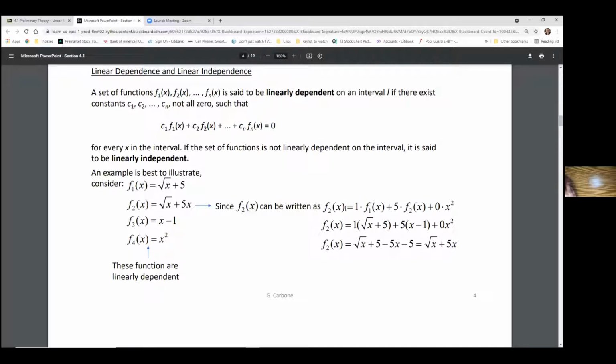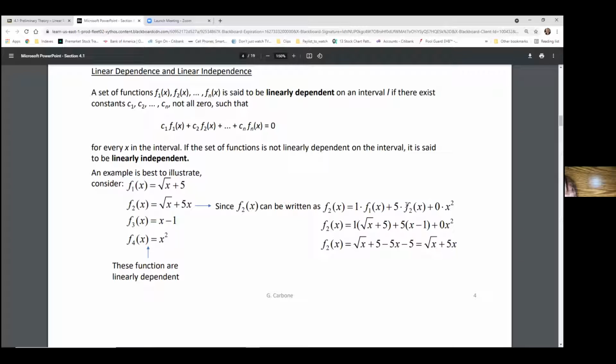See, they're not all 0. In other words, I can write f2 as 1 times f1 and 5 times f2, right? See, if I multiply 1 times f1, this is f1. And if I multiply 5 times f2, and then 0 times x squared, I end up getting f2. So this is an example of functions that are linear dependent.